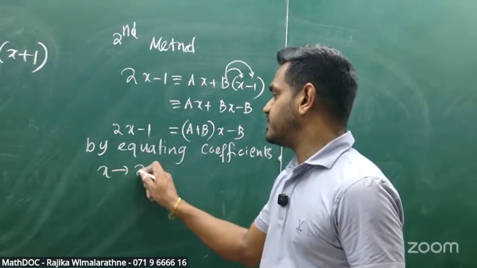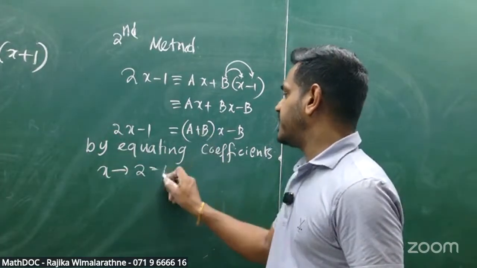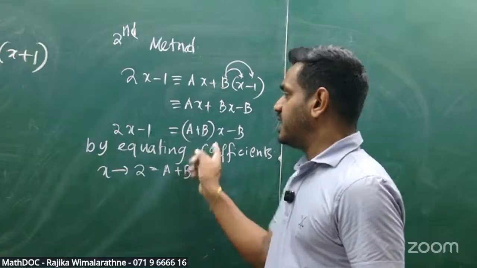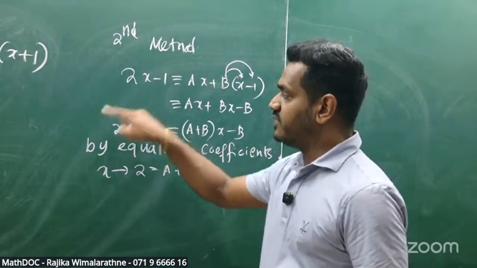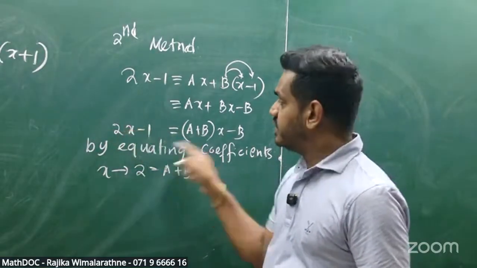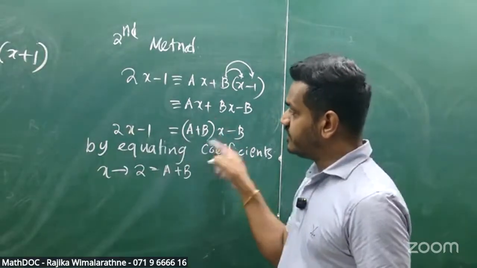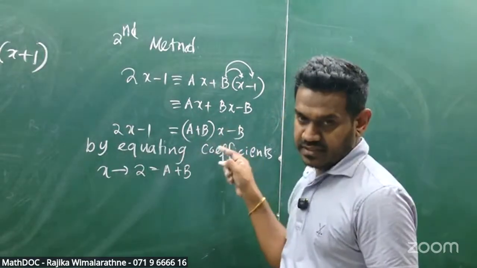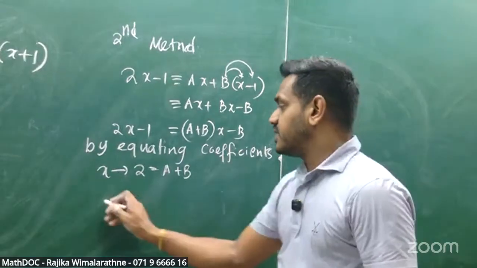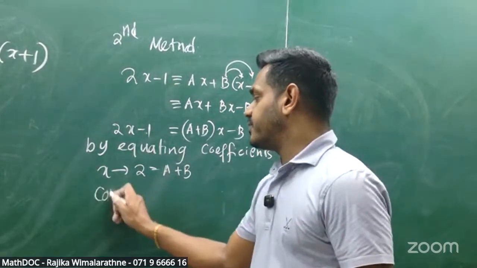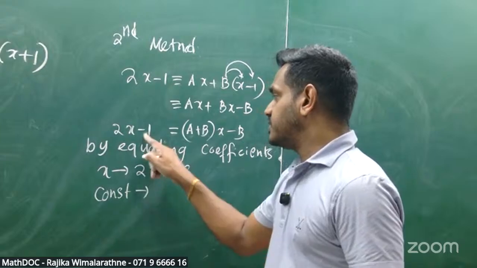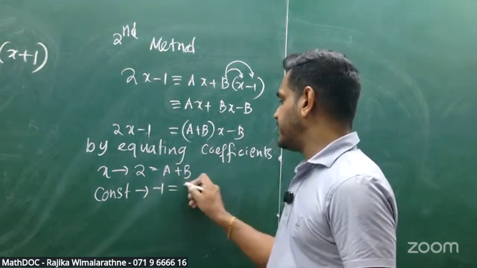Here this is 2, and here x coefficient a plus b. Then left side x coefficient mean numerical value in front of x, that is 2. And here right side numerical value in front of x, that is a plus b. They must be same. Then here this will be constant. So here constant minus 1 and here constant minus b.